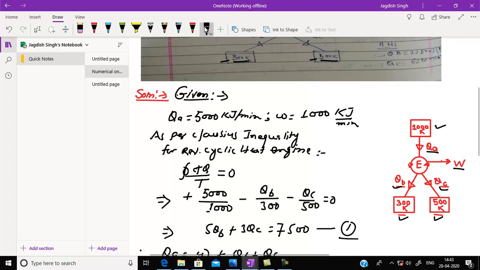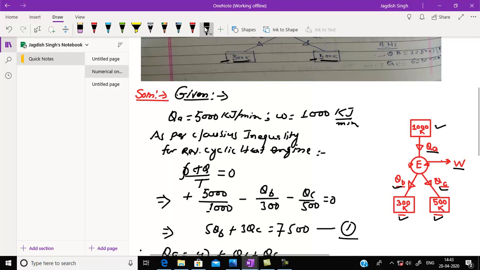Let us assume that QB and QC amounts of heat are rejected to the 300 Kelvin and 500 Kelvin reservoirs respectively. That means QB amount of heat is rejected to 300 Kelvin and QC amount of heat is rejected to 500 Kelvin, right? This is the direction of flow of heat we have assumed. This is our assumption.